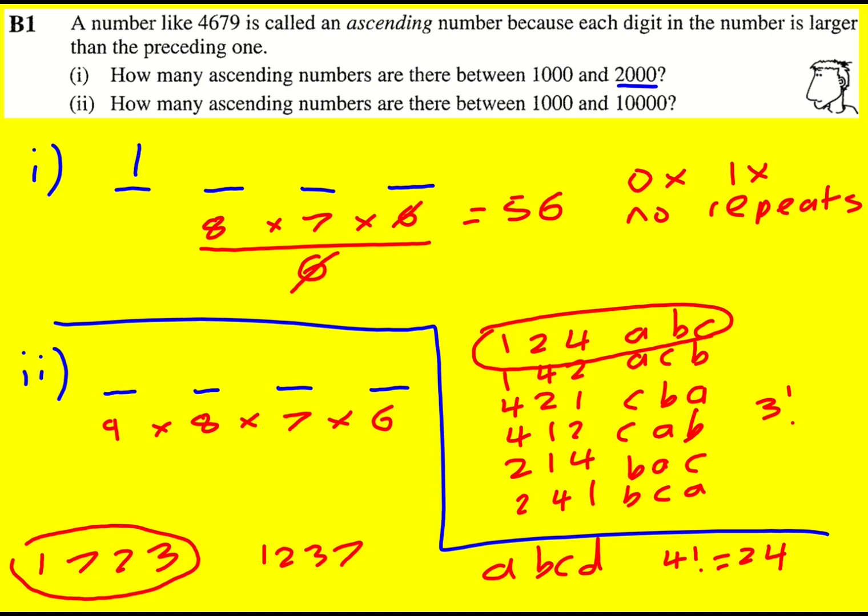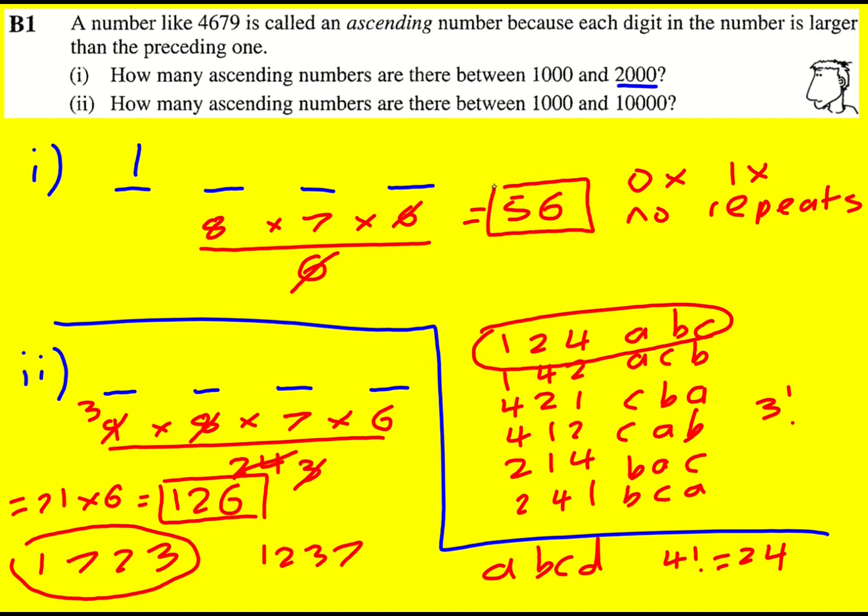So again, I've counted every single possibility, and I've got these groups of 4, but I'm going to need to divide by 24 to get the ones that are ascending. So 24 will cancel partially with the 8, leaving me a 3 on the bottom. Then the 3 will partially cancel with the 9. So I'm going to end up with 8, let's do 21 times 6, which gives 126.